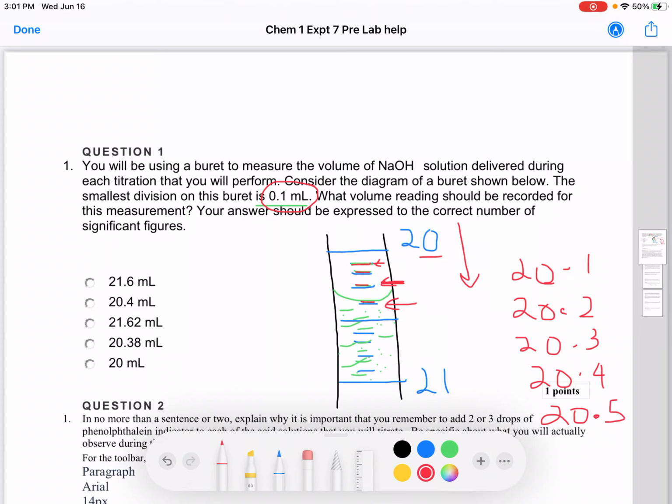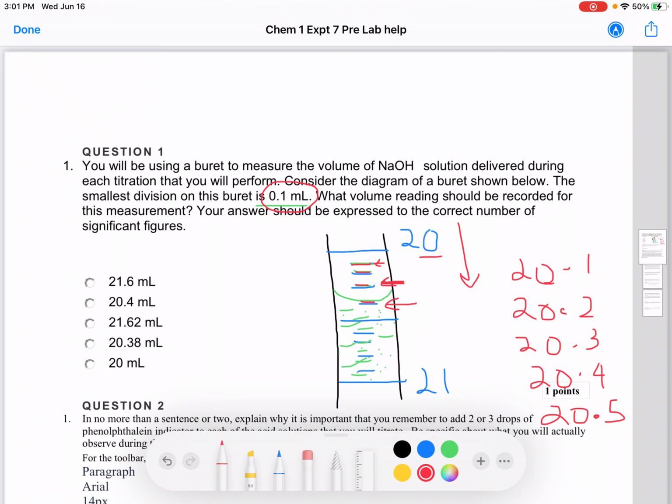But remember, each instrument or each piece of glassware that we use carries one more digit in addition to the marked value. So we can go one more significant figure, meaning in this case one more decimal place. So we can go up to 20.10, 20.20, 20.30, 20.40.